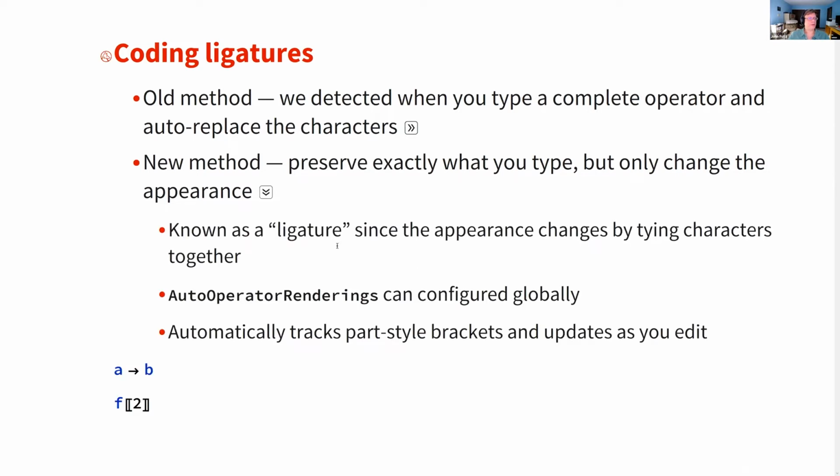So the new method is known as a ligature because it's not actually changing what you type. It's preserving exactly what you type. It's just drawing it differently. So the ligature is basically tying two or more characters together visually into a single character. But what you typed is still there underneath. If I type in A dash greater than B, notice that it immediately displayed as a rule there.